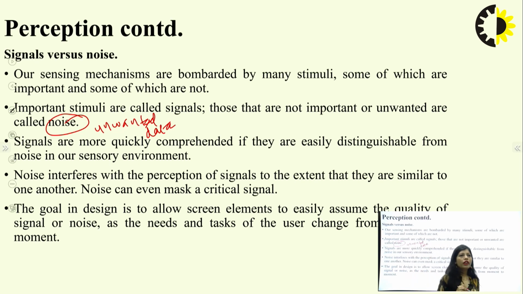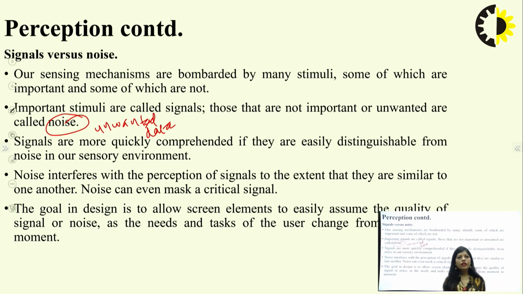Signals are more quickly comprehended if they are easily distinguishable from noise in our sensory environment. With the help of the signal, we transfer information from one point to another point, from one system to another system.